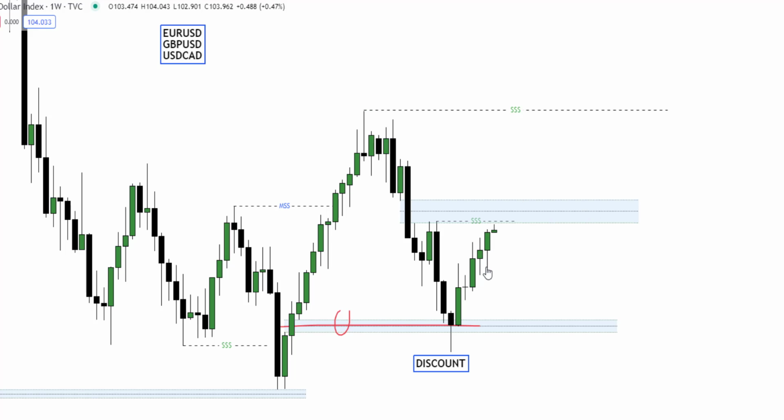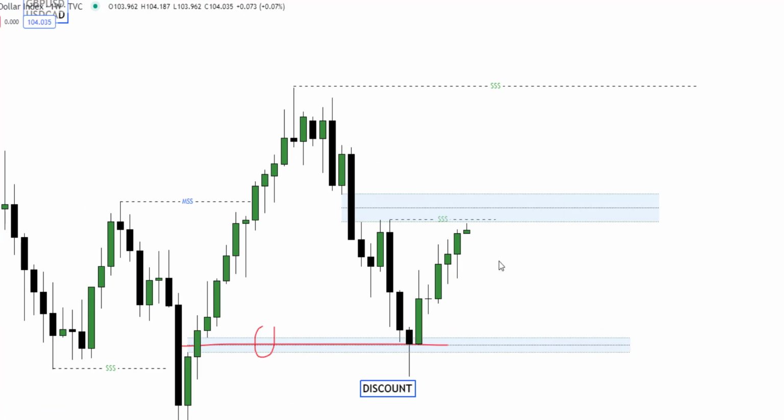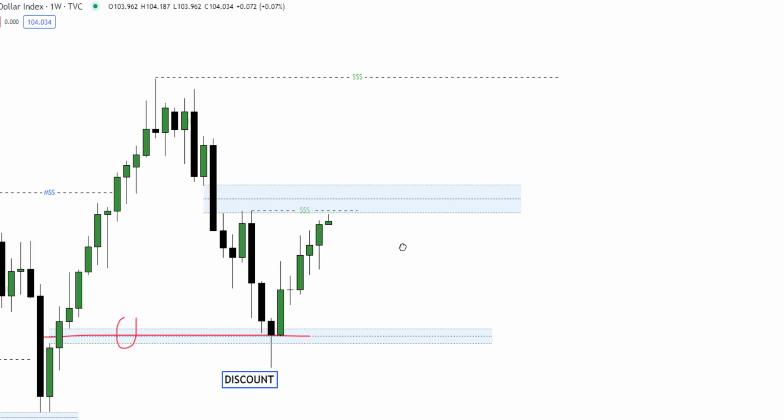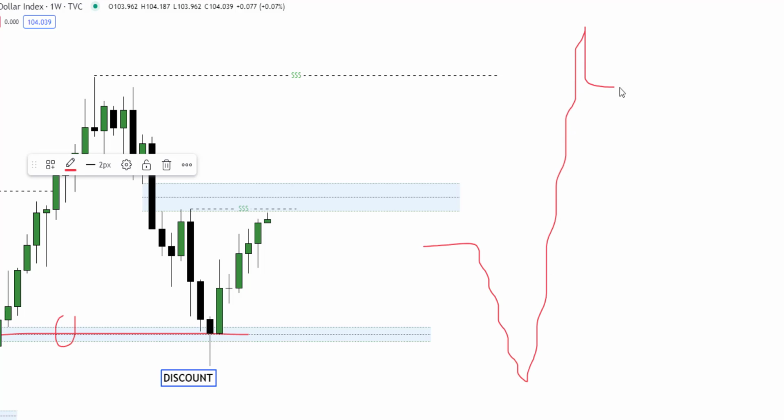So look at the candlestick we've printed. This particular candlestick, if we are doing power of 3 concept, we could see that this particular candlestick, let's say it opened here, moved down to this area, creating the low, moving up, and it closes above here. What do you think is happening?